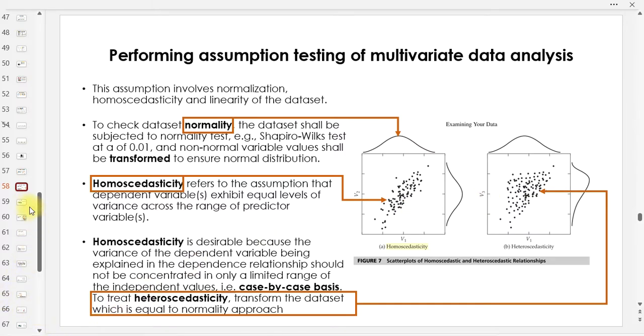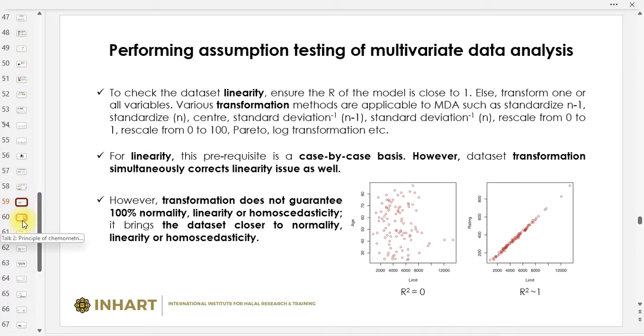So this is an example lah. Linearity is about the calibration curve that we have. You shall get a linear distribution, r square equal to 1. The one that we did the calibration is 0.998. So it's already informed that our data is linear.